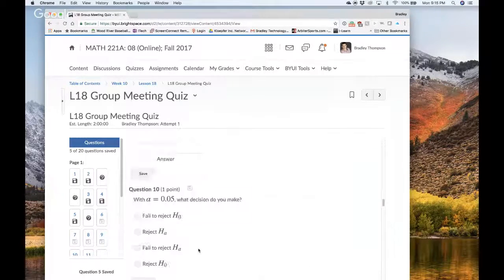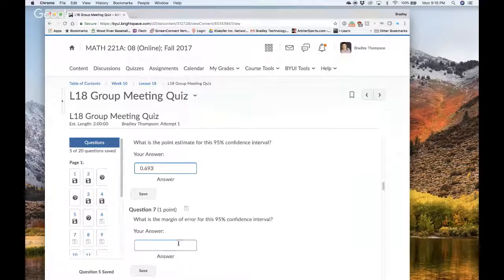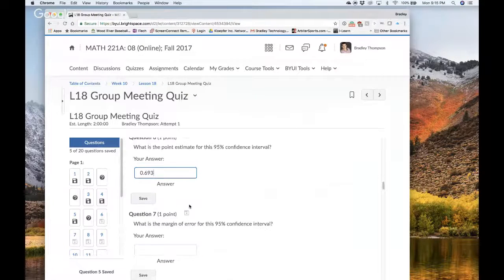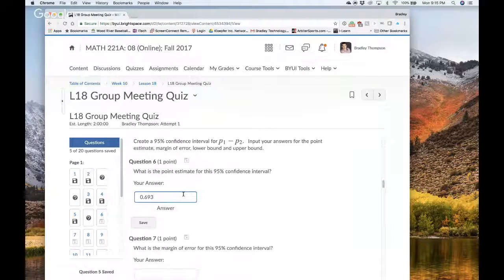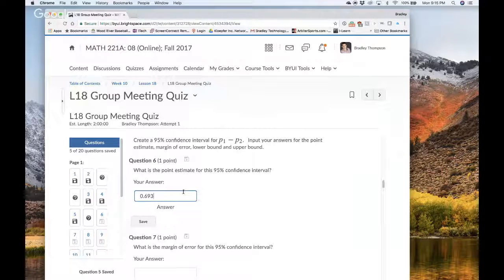It's not asking us for a p, so I'm guessing that has to be the p-hat. P-hat is the estimate. P was the p-value, the p is the proportion. We're looking for the point estimate.